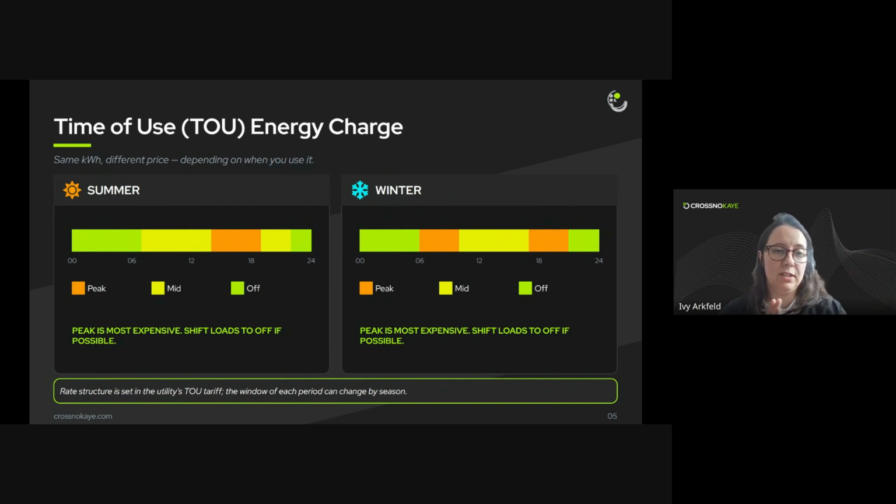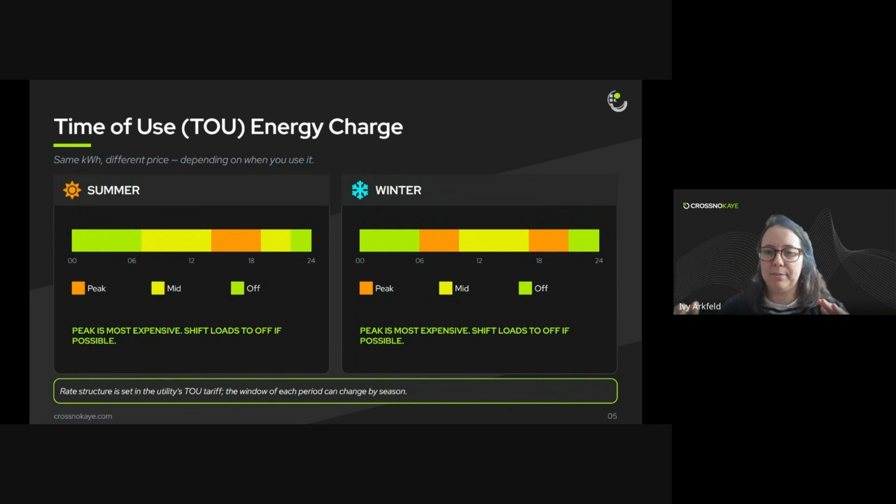I have two examples here of summer and winter. Typically, summer is a little more aggressive than winter because winter demands are lower. You don't have as much stress on the grid. So in the summer, what I have diagrammed here is a peak period in orange. This is when it's going to be most expensive. Your mid-peak periods are buffering, in this case, that peak period, both before and after it. So it's not like all of a sudden at 4 p.m. it becomes super high stress on the grid.